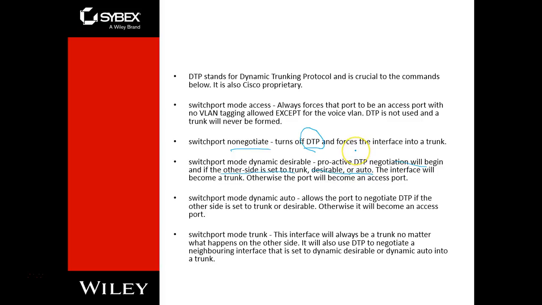That's kind of a dangerous configuration if somebody comes in and just plugs in a device and it's able to automatically negotiate a trunk. Then they can put themselves on whichever VLAN they want because the dynamic trunking protocol will allow that. Dynamic auto allows it to negotiate if the other side is set to trunk or desirable, which is a little bit restrictive.